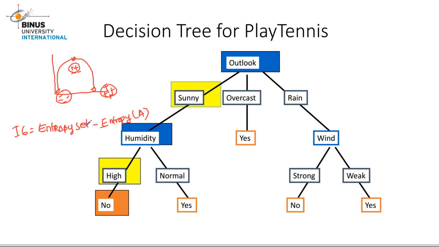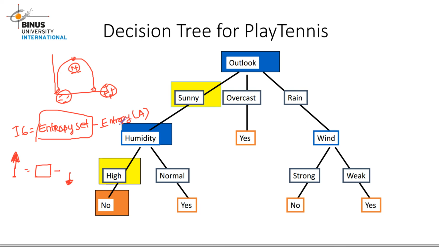So when we see something like this, the entropy of the whole set is the same. But when the entropy here goes down, we choose the highest information gain. This is fixed minus something that is variable, can be up, can be down.